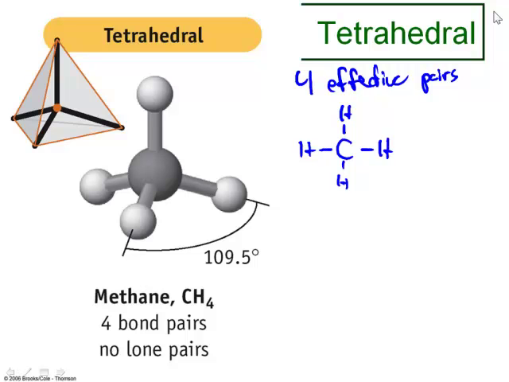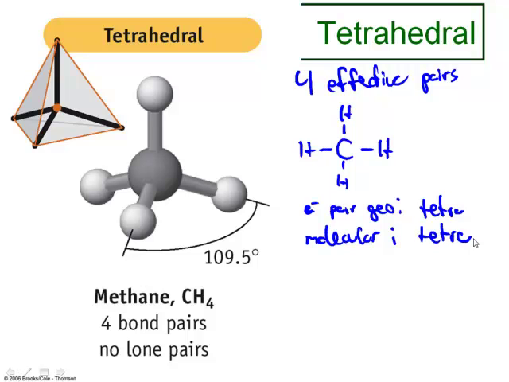Now, for this molecule right here, the electron pair geometry is tetrahedral, and the molecular geometry, I'm just going to use some shorthand here because otherwise we'll be here all day, is tetrahedral. Do you know why this is called tetrahedral? Because if I connect the dots here, in my mind, imagine these atoms are all points.